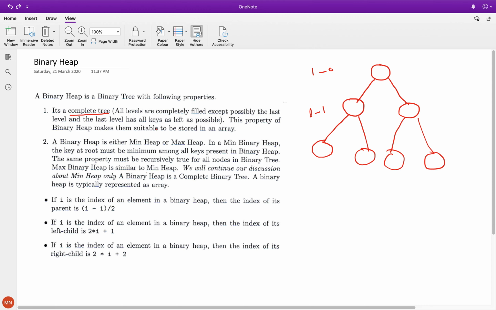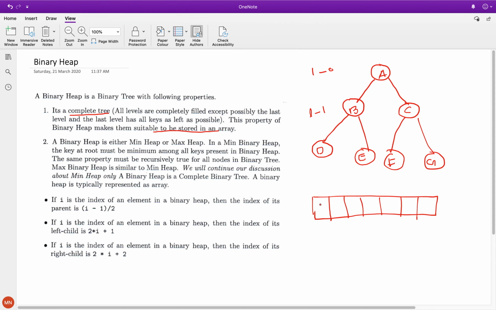Now this property of a binary heap makes them suitable to be stored in an array, which means that suppose that I have certain elements here. Let's say the first element is A and another element is B, the element here is C, then I have D, E, F and G. So we can actually use an array data structure in computer to store the data of a binary heap. So suppose that I have an array which has some certain number of spaces.